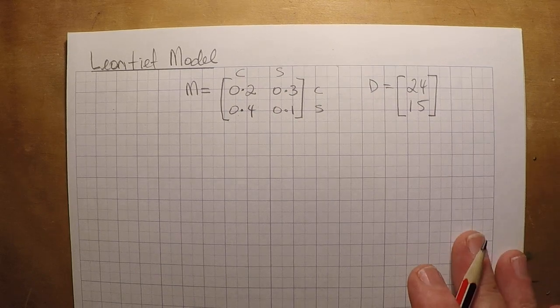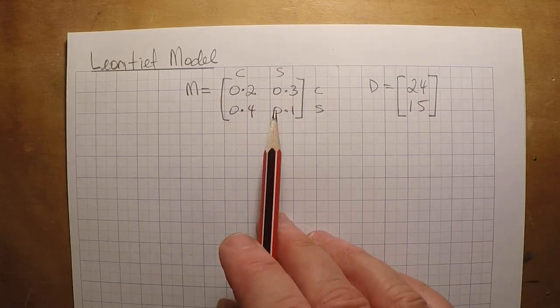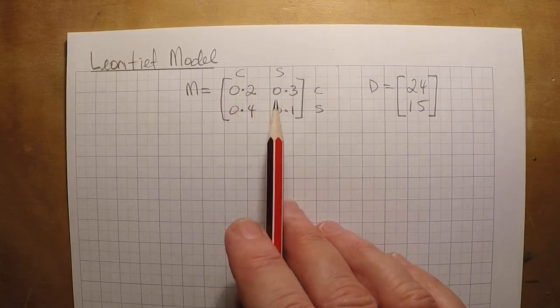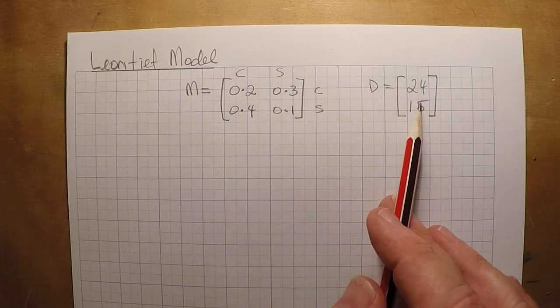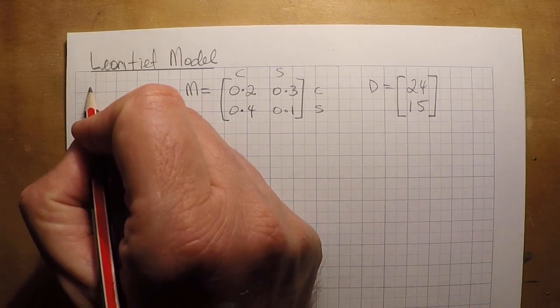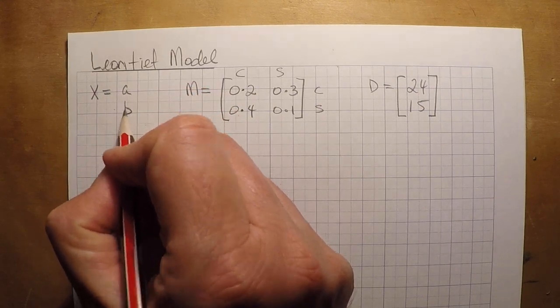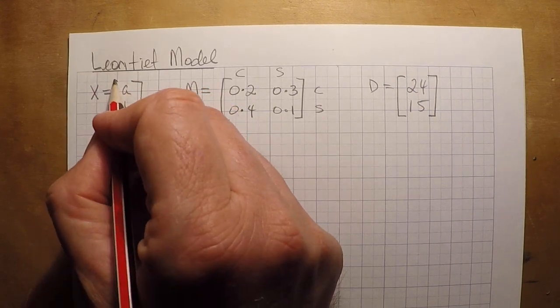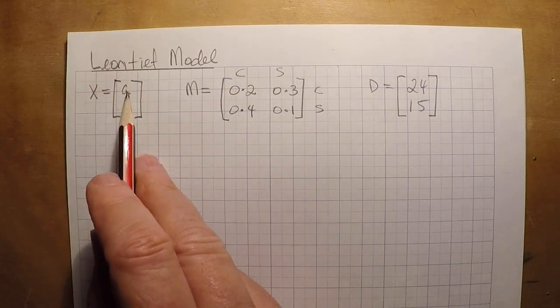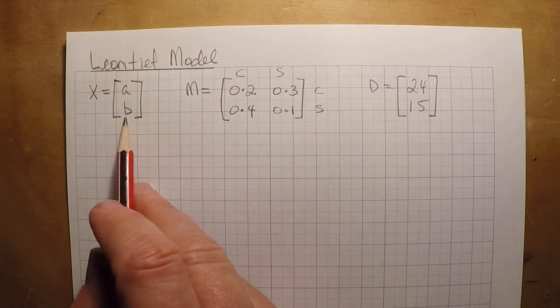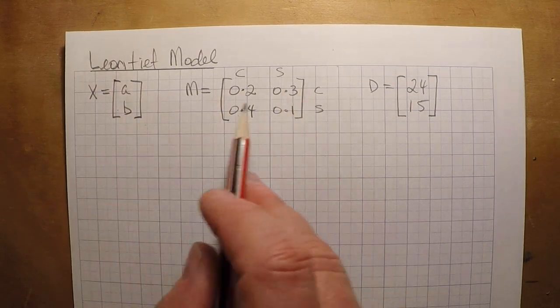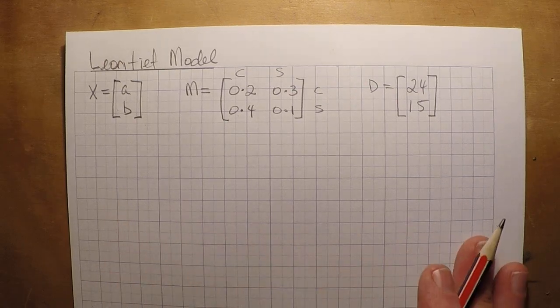The question then becomes, how much do each of these industries have to produce to meet their internal requirements as well as the external demand? So let's set up a column vector called X, having the values A and B, where A and B represent the annual production from each of the coal and steel industries.